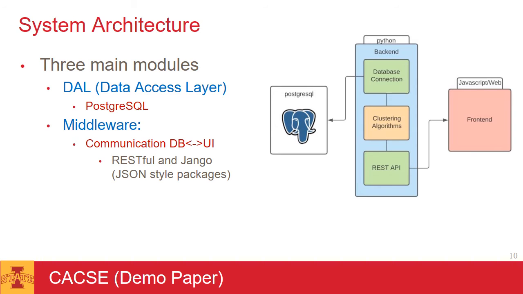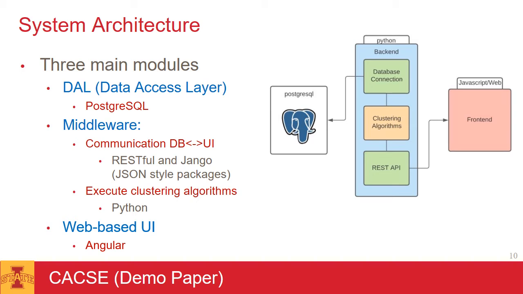The middleware basically is what enables, first of all, communications between the database and the user interface. We relied on RESTful and Django frameworks, and for communication of the values, we use JSON-style packages. To execute the clustering algorithm, we used Python libraries that are readily available. The web-based user interface, we used the Angular framework to develop it.